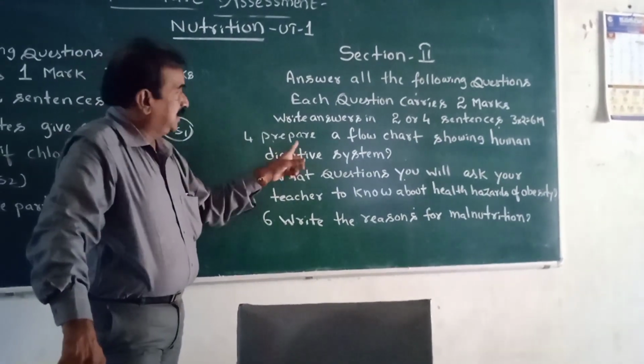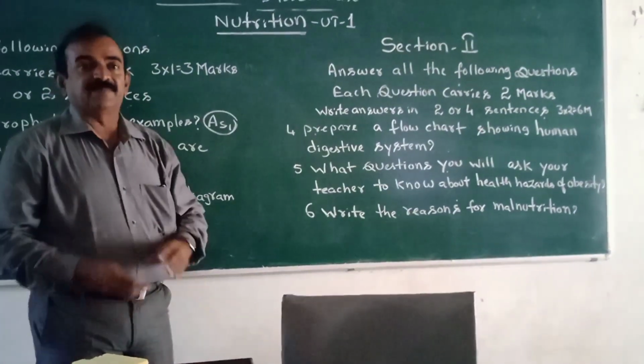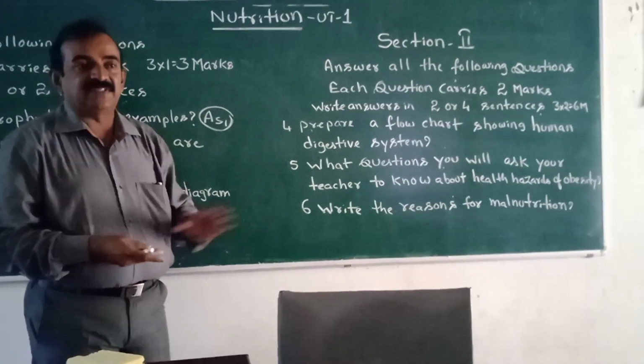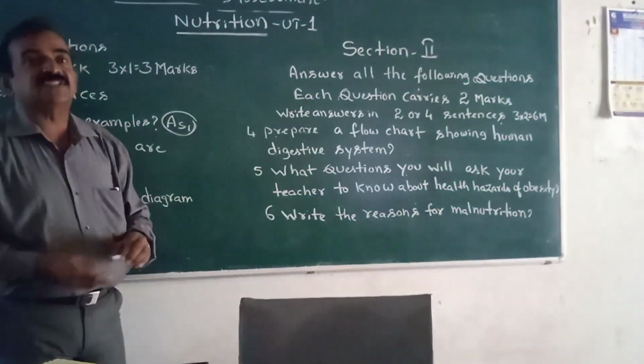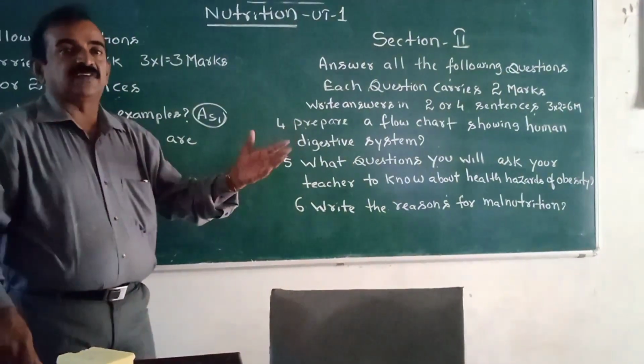Listen, children. Here, prepare a flow chart showing the human digestive system. This flow chart is on page number 16. Open your textbook, page number 16, and see the flow chart of the human digestive system.